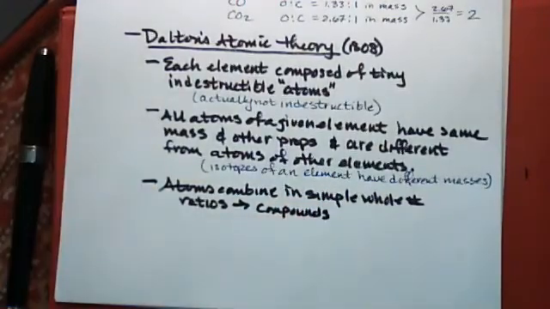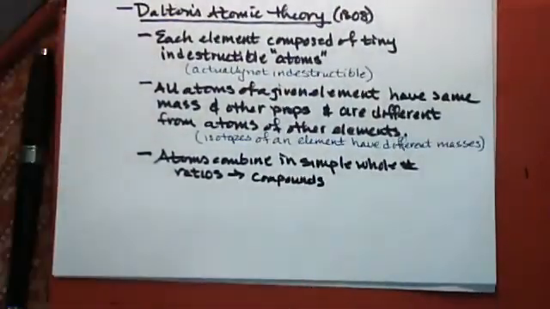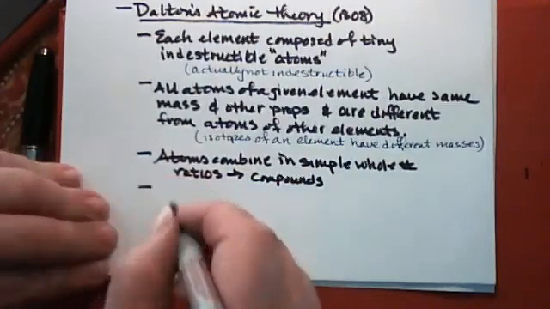Okay, and he theorized that atoms can combine in simple whole number ratios to form compounds. That's true. I'm not even going to make any exceptions to that because it's true.